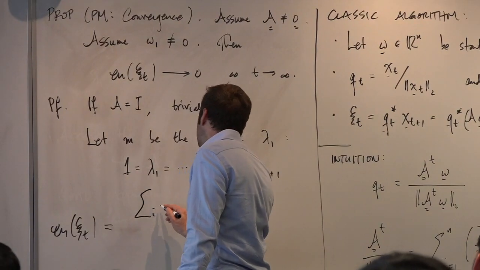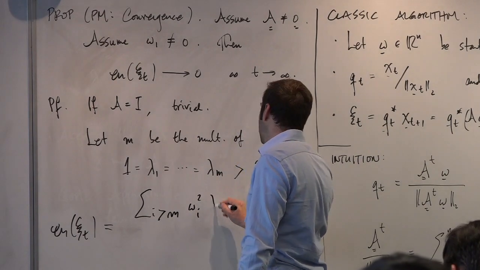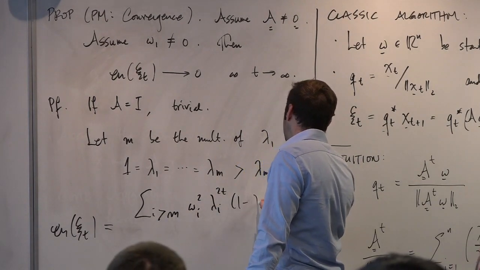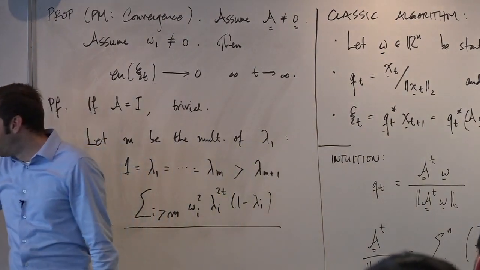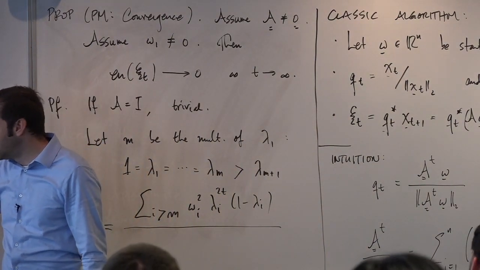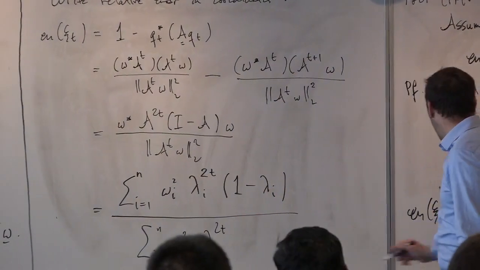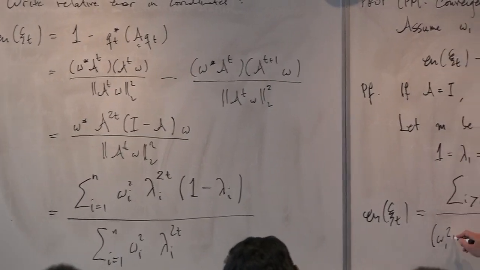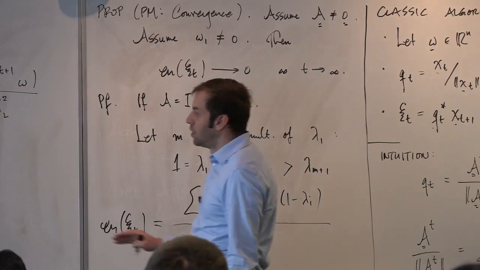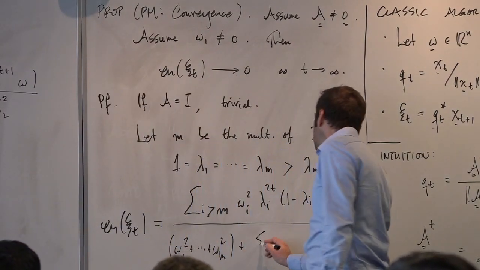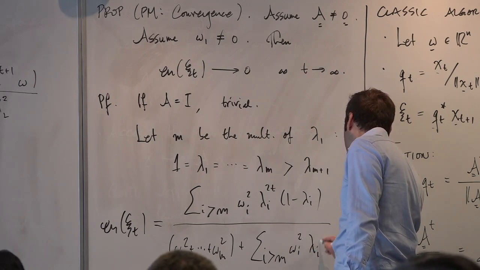So we can start this sum at m plus 1, and I'll write all this out. And what happens in the denominator? For i equals 1 up to m, these all equal 1, so there's nothing interesting happening here. So I'm going to pull all those out. We have omega_1 squared up to omega_m squared, plus the other terms, the sum over i greater than m of omega_i squared, lambda_i to the 2t.